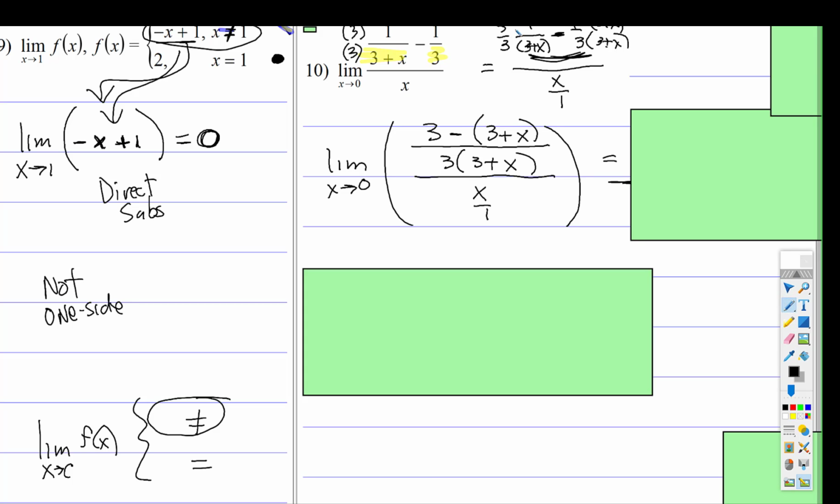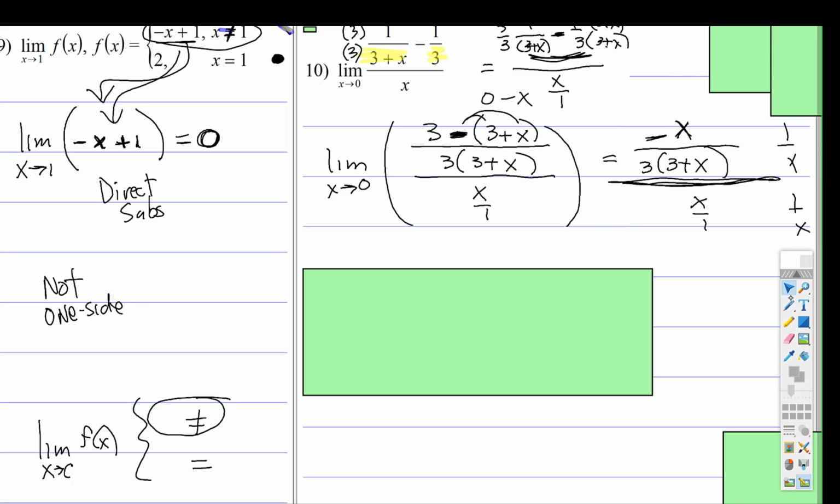I did 3 times 1, and then put a subtract sign, and then in parentheses, 1 times 3 is 3, 1 times x is x, but you're subtracting both of those things. So 3 subtract 3 is 0, and there's this negative, so it's 0 subtract x, which is negative x. And I'm going to leave this just like this for now.